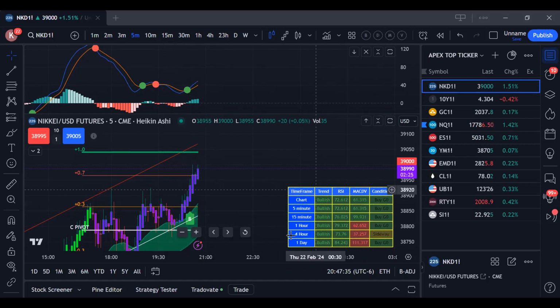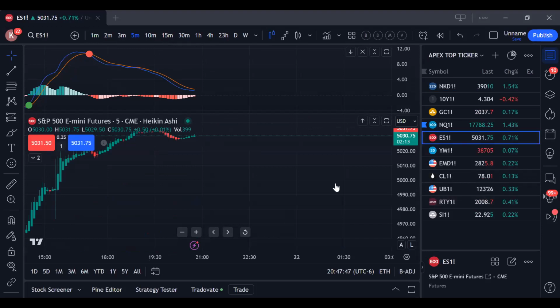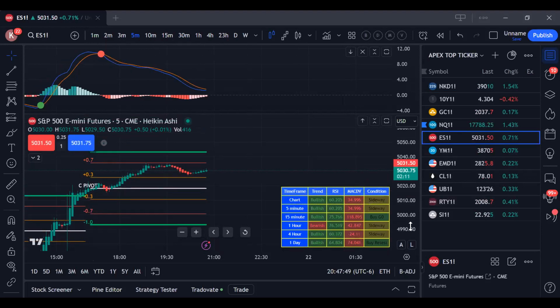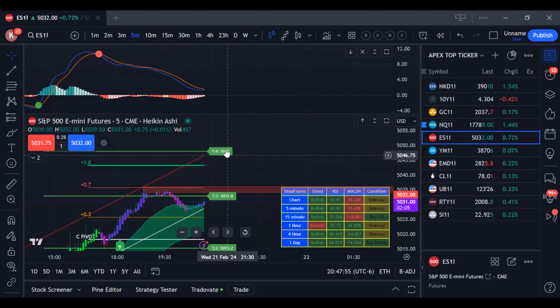It came to the green, everything was bullish. It is moving up, it can go all the way to 39 or 45. ES also is looking bullish. If it breaks this resistance, it can go all the way to 50.48.